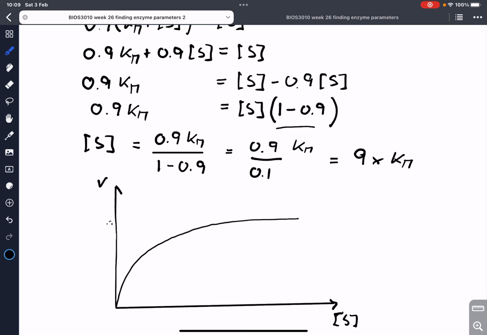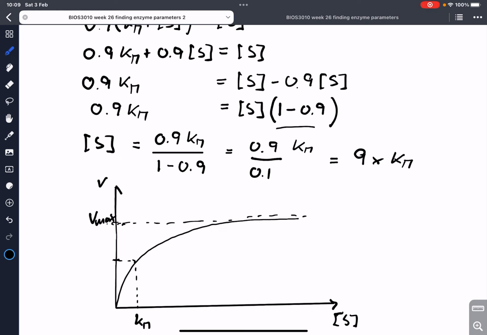If this line here represents Vmax, we can find half of Vmax, because that would be our Km. So that's roughly here. So this point would be Km. That is half of Vmax.